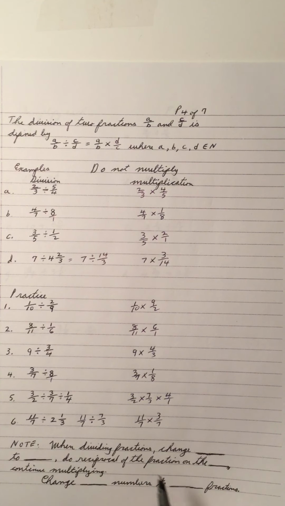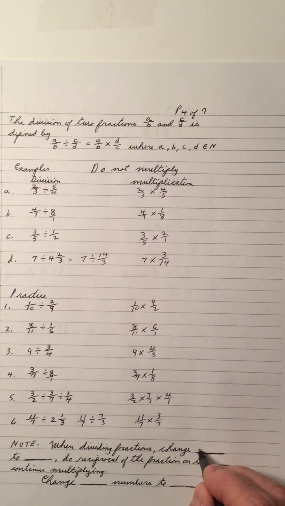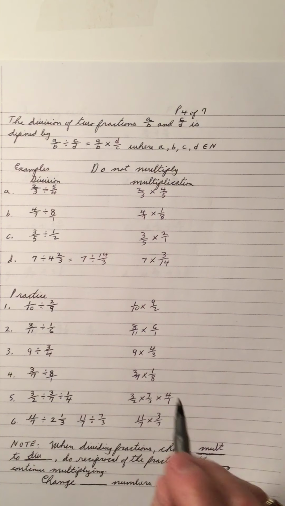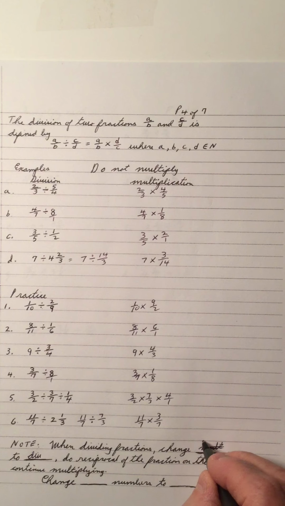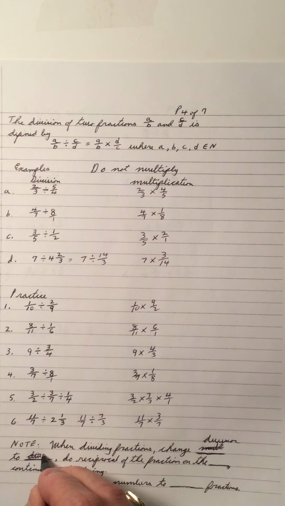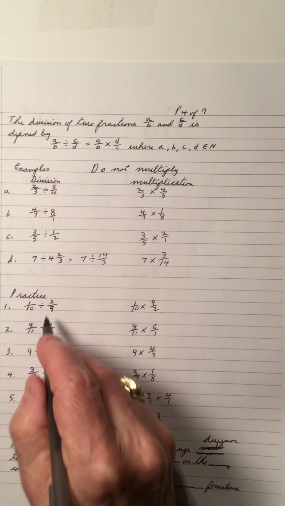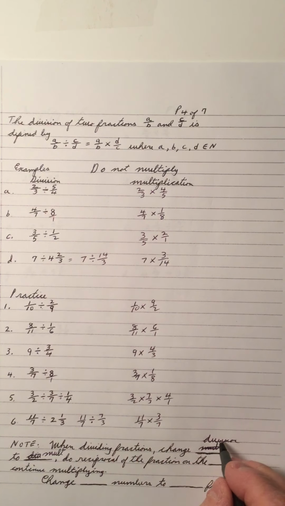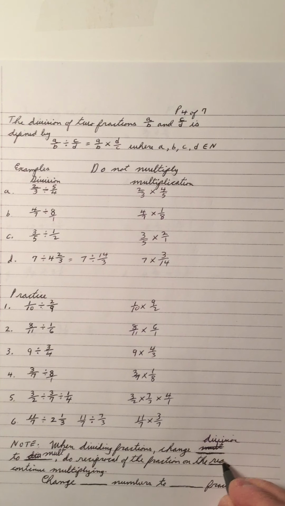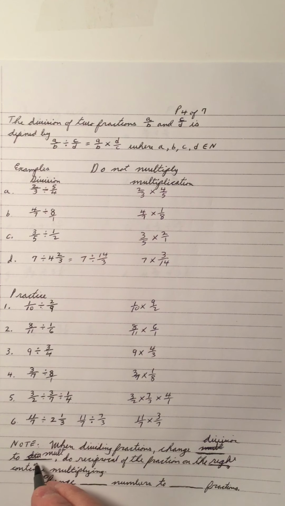When dividing fractions, change your division to a multiplication. Division becomes a multiplication. Do the reciprocal of the fraction on the right and continue to follow the multiplication rule.